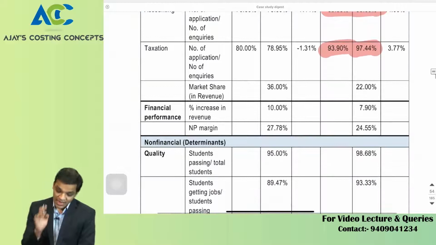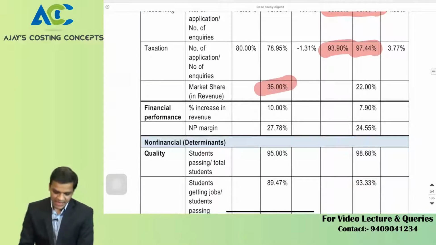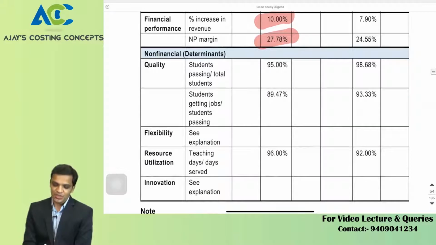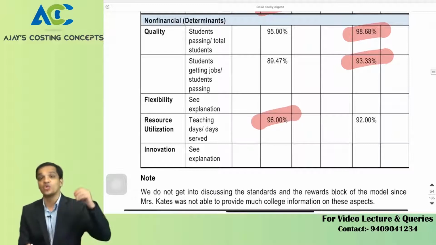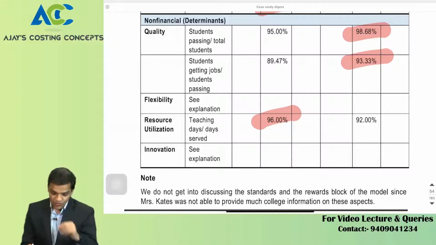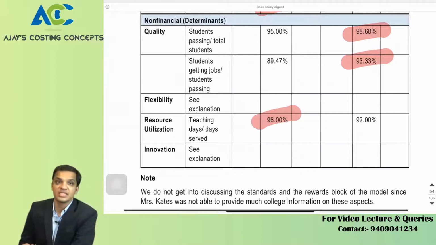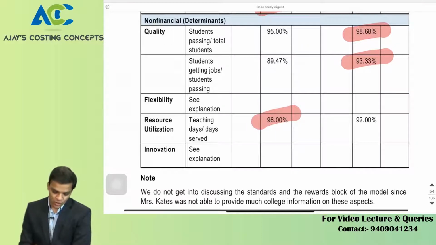When it comes to market share, DCI is higher. When it comes to financial performance, net profit margin, DCC is higher. When it comes to quality, students passing, as I said, HCI is higher. When it comes to resource utilization, there were 240 out of 250 days the lectures were available, and the other college had only 230.